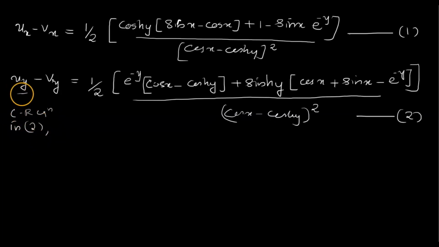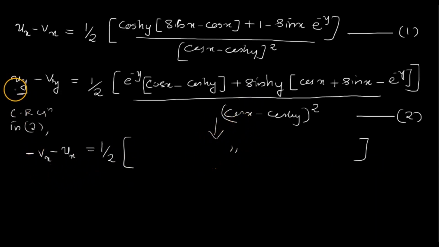That is, we know that ux is equal to vy and uy equal to minus vx. So uy is minus vx, minus vy is ux. So this is equal to minus vx minus ux, and this is half into this equation, same equation.